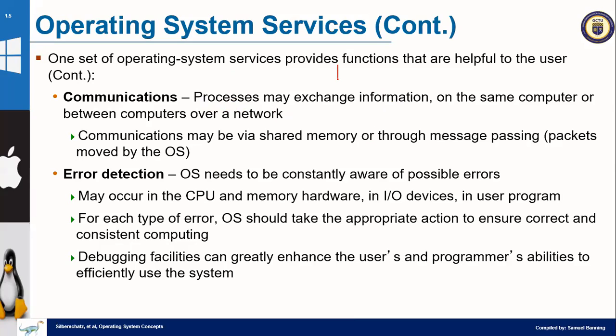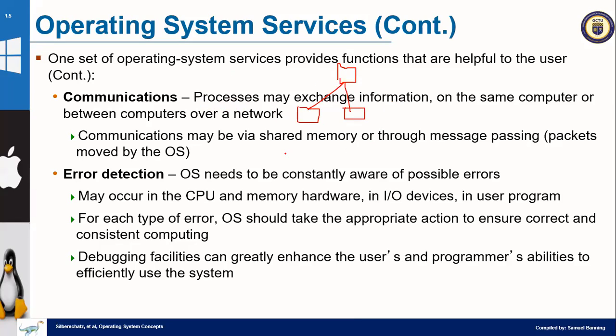Also, if a process creates sub-processes or child processes, they must share data because they belong to the same parent. This is called intra-process communication. That is also provided by the operating system.